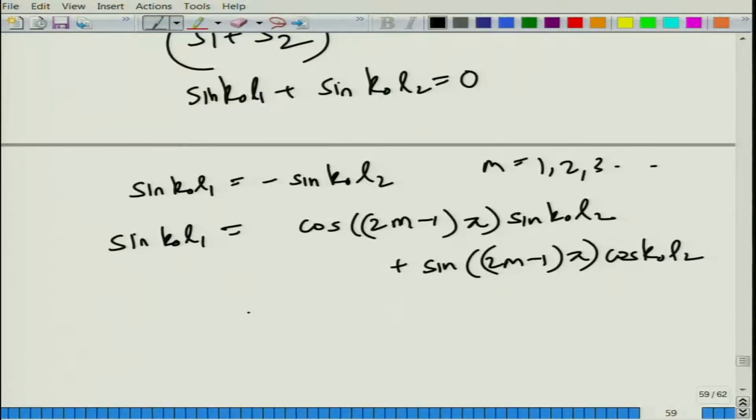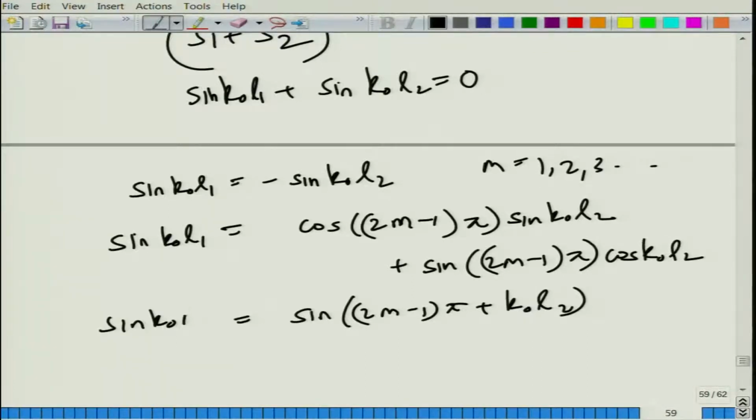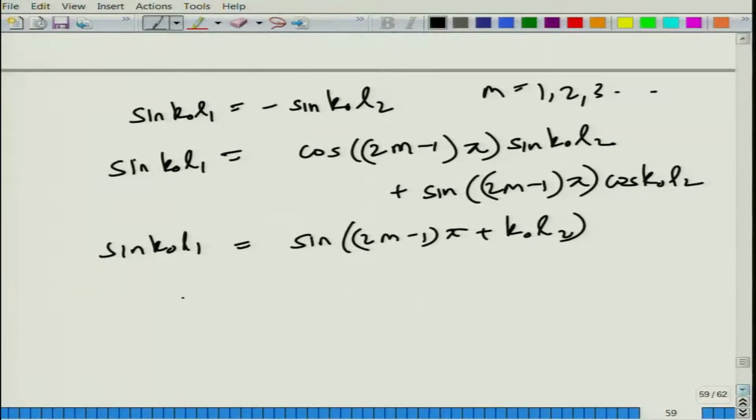The reason I have written this is because this can be written as 2m minus 1 pi plus k naught L2 equal to sine of k naught L1. Okay. So, you get k naught L1 equal to 2m minus 1 pi plus k naught L2.